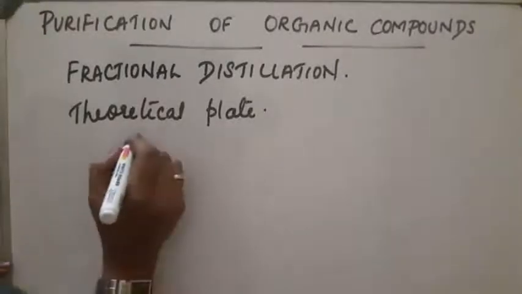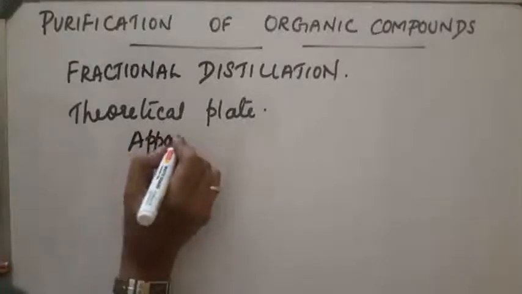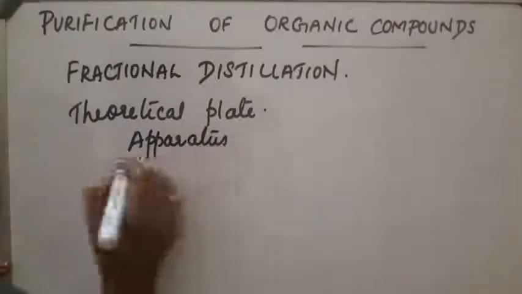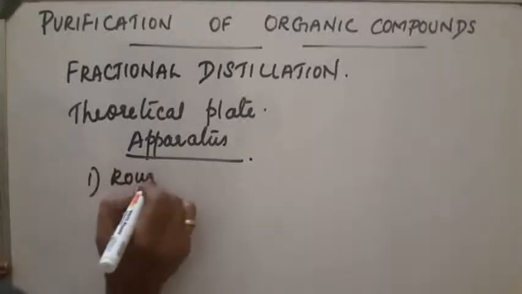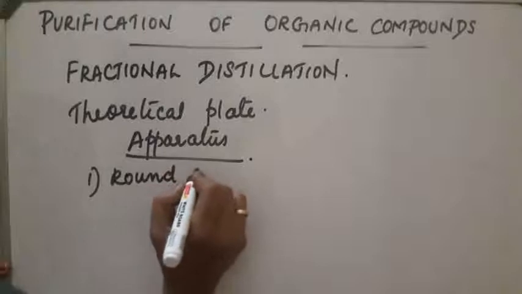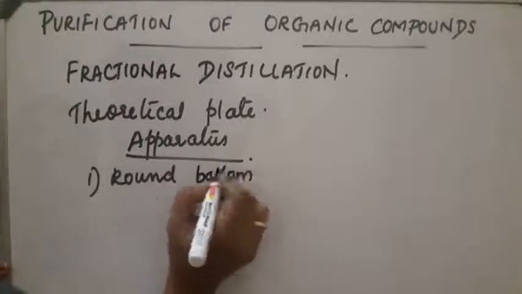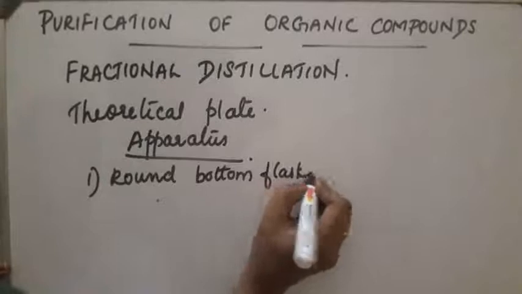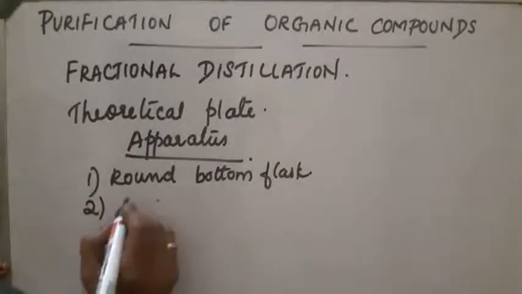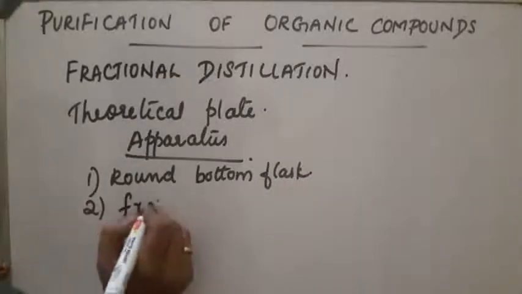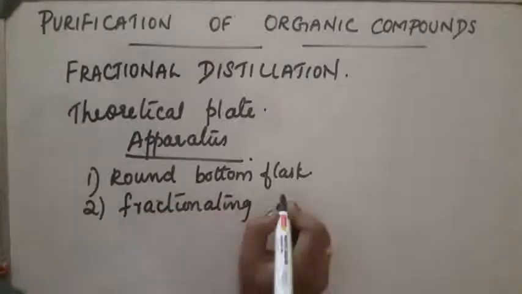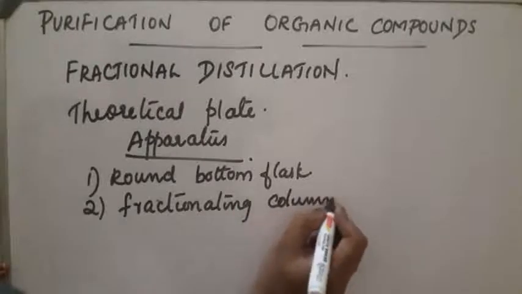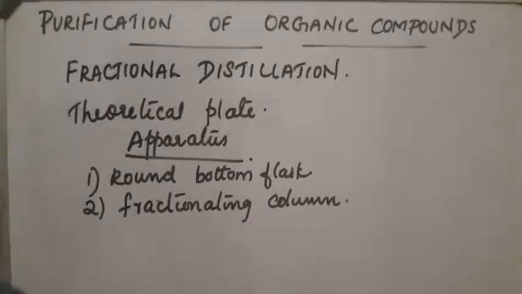Now let us discuss the apparatus. Apparatus consists of a round bottom flask in which we are taking the mixture, and at the mouth of this round bottom flask there is a fractionating column where the separation of the components is taking place, that is vaporization and condensation.